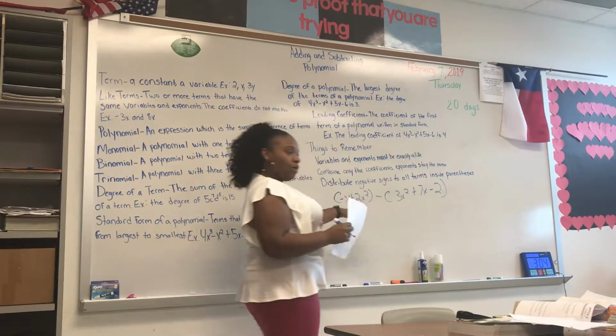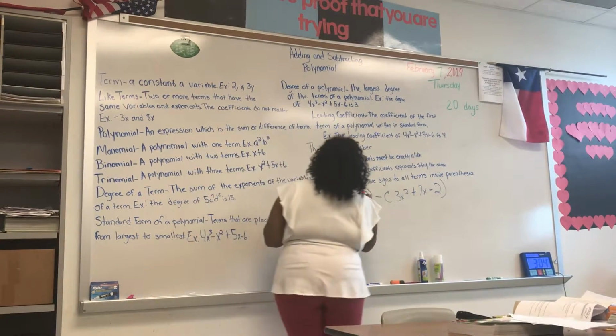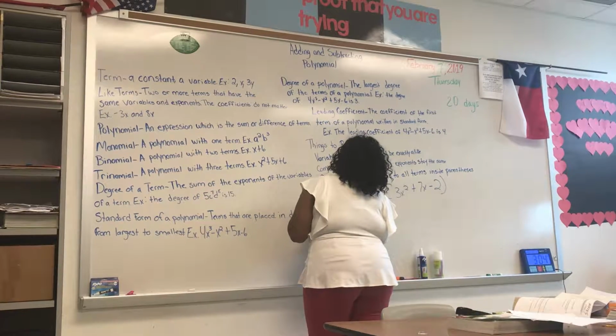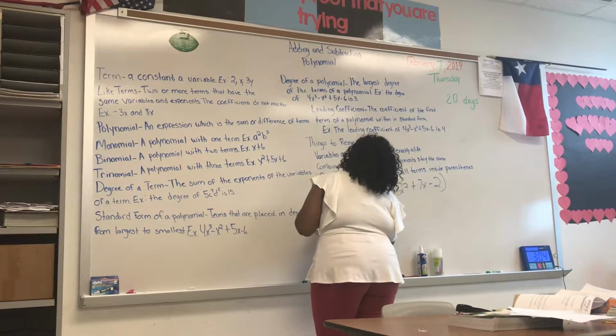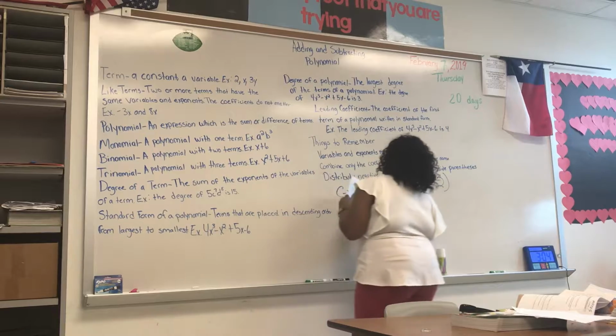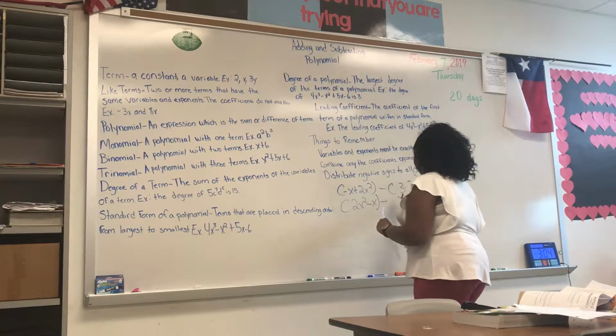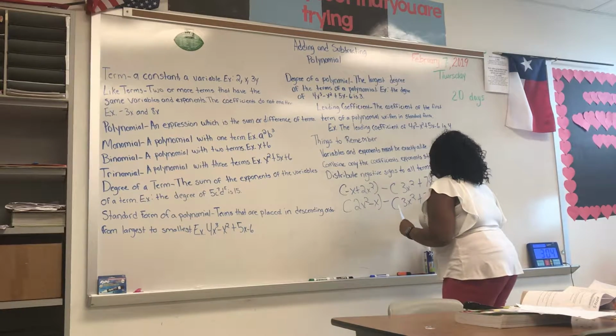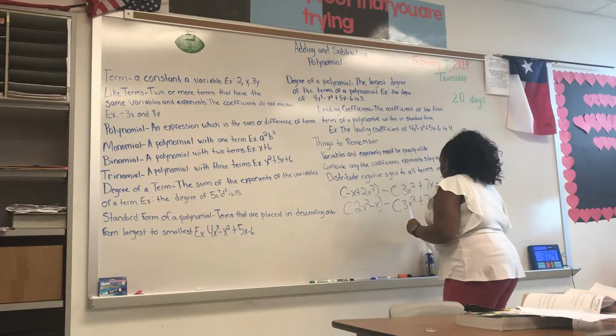If we want to put that in standard form, we're going to go 2x squared minus x minus 3x squared plus 7x minus 2.